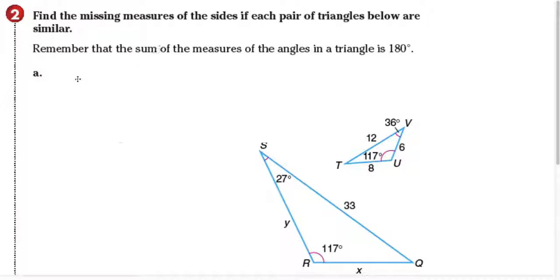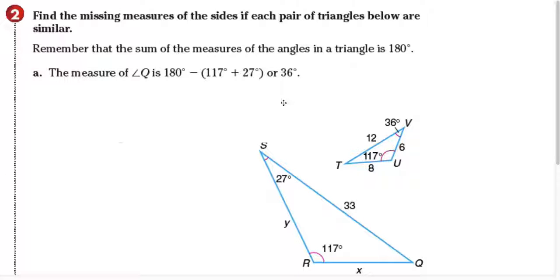So the measure of angle Q is 180 minus 117 plus 27, because again, knowing that the sum of the angles in a triangle is 180, angle Q here will be 36, because 180 minus 27 plus 117 will give you that angle, or simply 180 minus the sum of 117 plus 27.